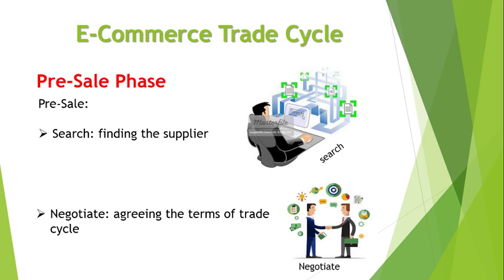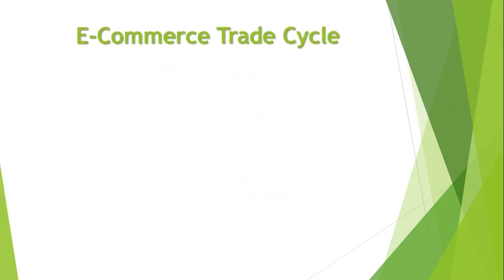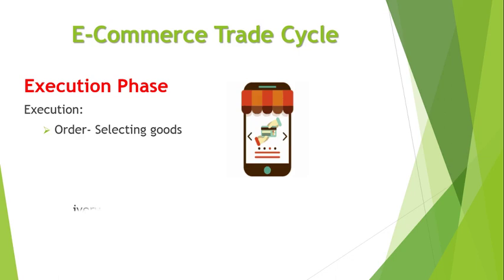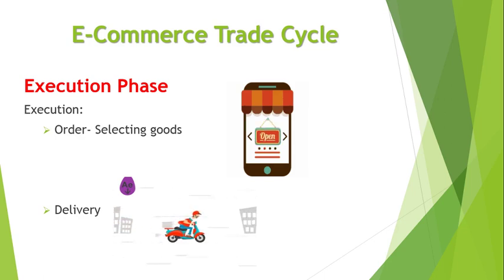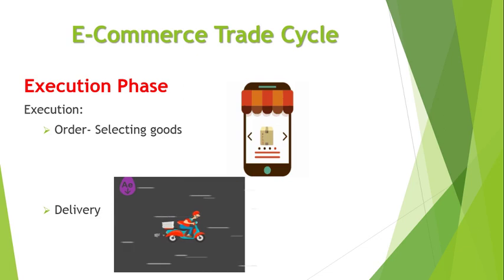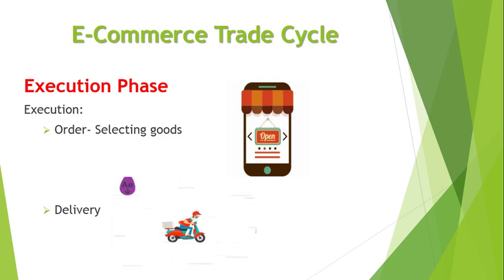Now let's move ahead to the second phase of the trade cycle, execution. Again, execution is divided into two levels. The first level is order and the second is delivery. Now, as we have completed searching for the product, negotiated, compared the charges, and agreed the terms with that particular supplier, what will be the next level?